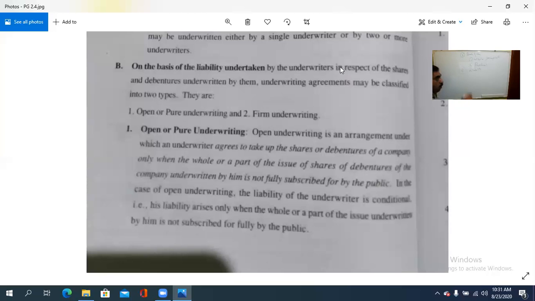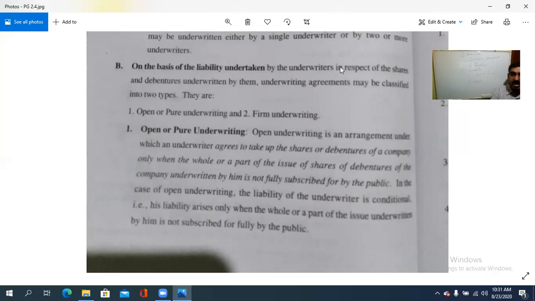What is that? Open or pure underwriting. The second one is firm underwriting. So what is open or pure underwriting?